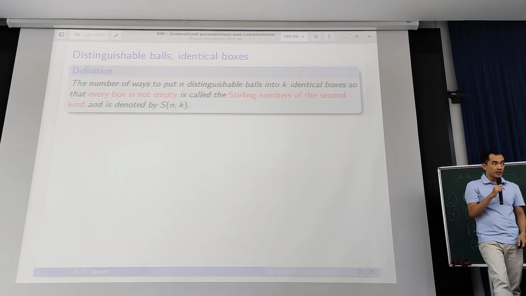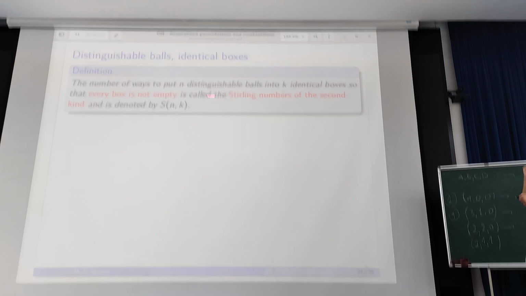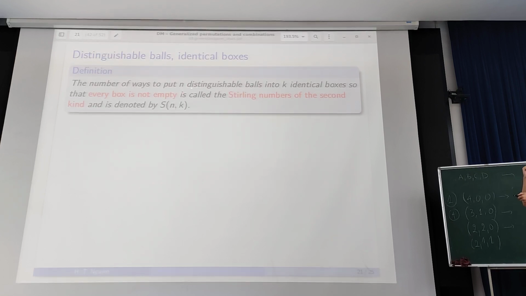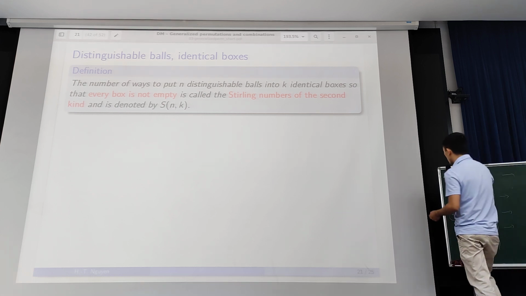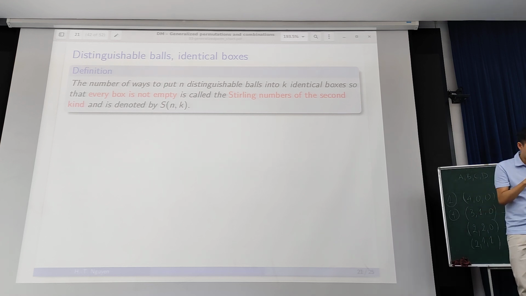First, if we impose the restriction that the boxes are not empty, and we have n different balls and k identical boxes, then the number of possibilities is called the Stirling numbers of the second kind. Stirling was a Scottish mathematician, and you have a famous approximation in calculus, the Stirling asymptotic formula.